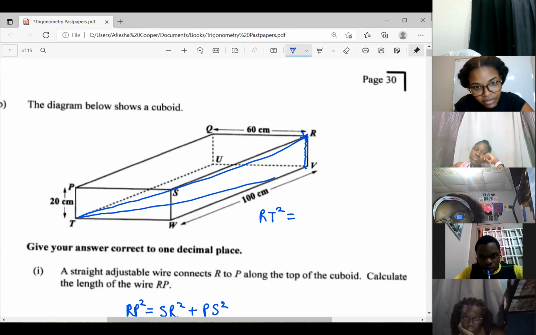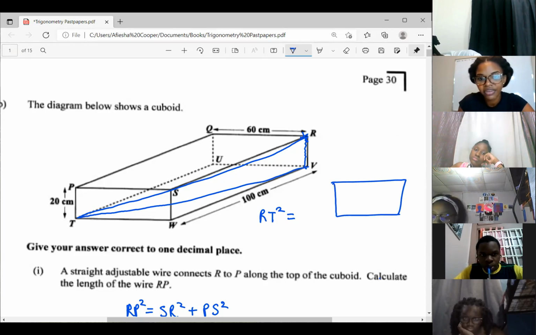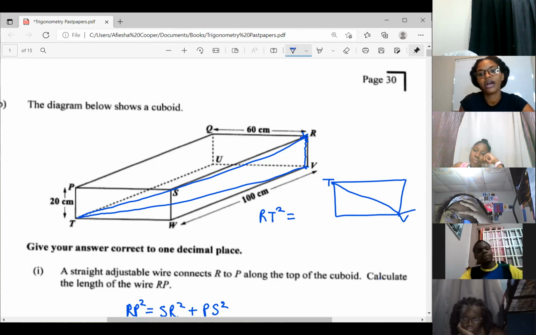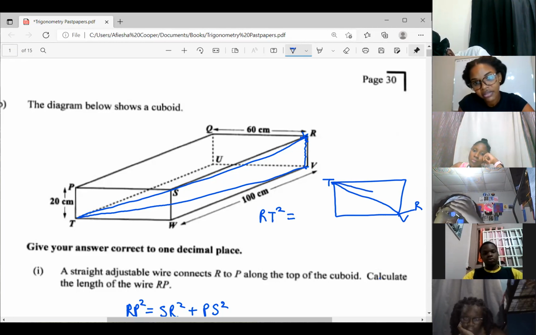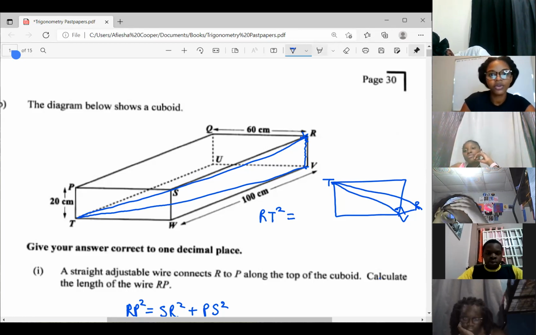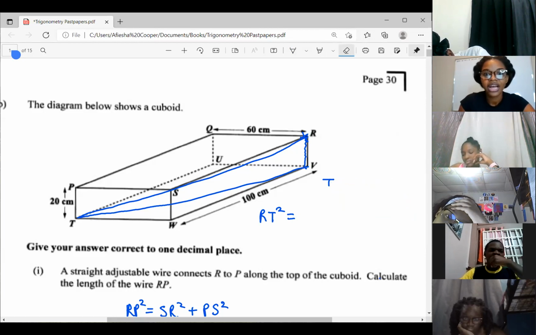So this is the bottom of the triangle. So this is T, this is V. And of course we have the line raising up, which is R, and then T to R connecting back. So it's another right angle triangle. You all seen that? Right? So that's what we use for that.